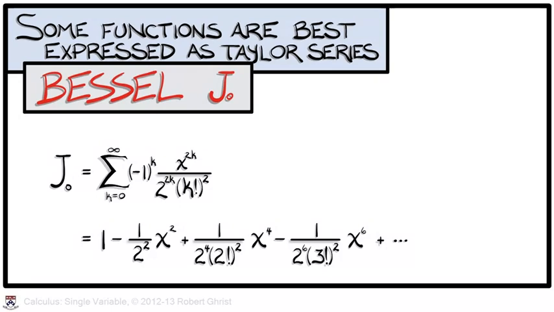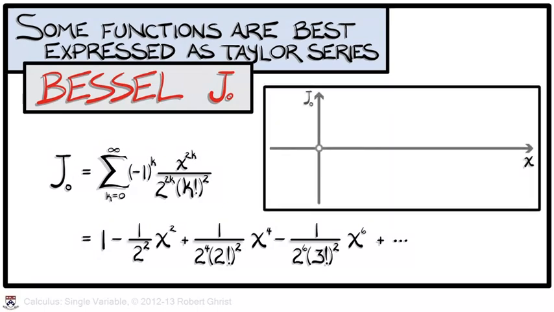Well, let's see. The general form of it is reminiscent of the expression for cosine that we have derived, in that it has alternating signs and only even terms. But notice that the denominator of the coefficients is growing very rapidly, much more rapidly than k factorial or even 2k quantity factorial.